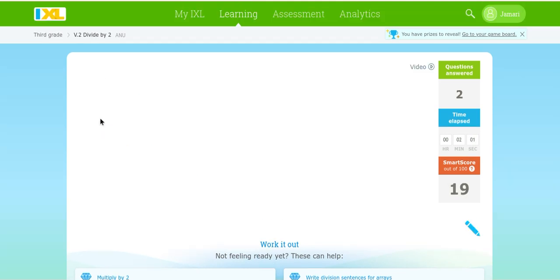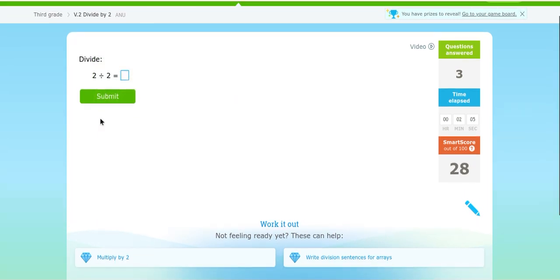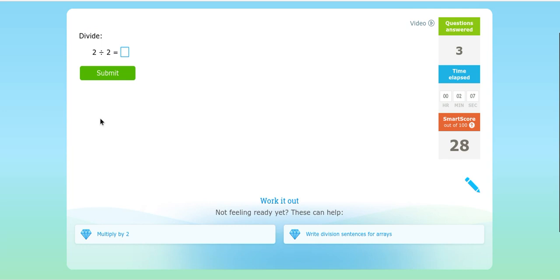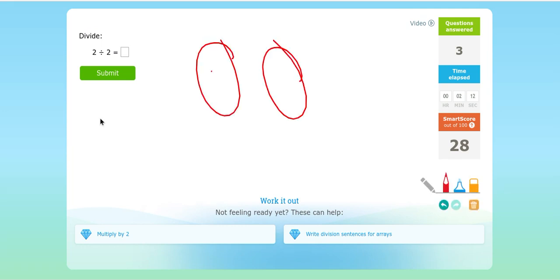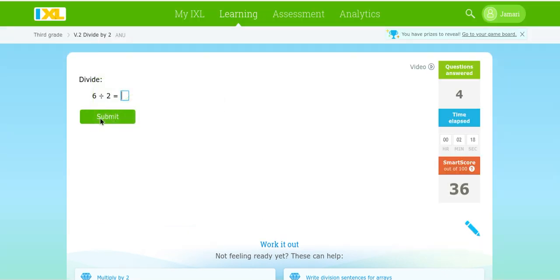This is gonna be 5. 2 divided by 2. Yeah, we got 2 groups. You got 2 groups. 1, 2. You get 1, because it's 1 in each group.